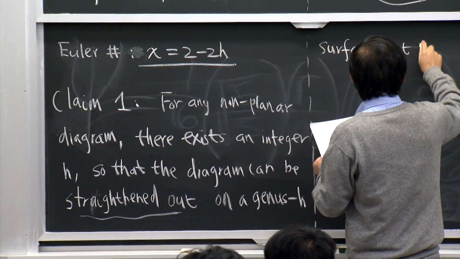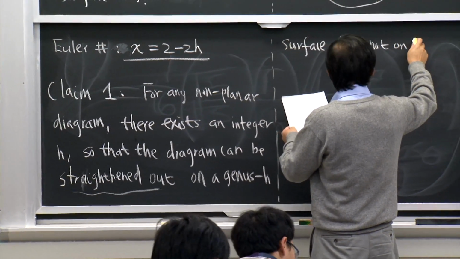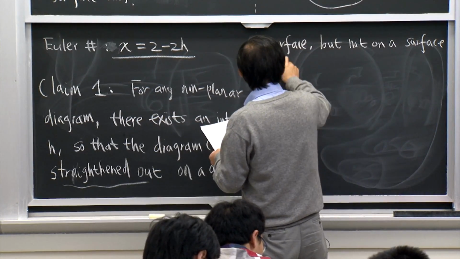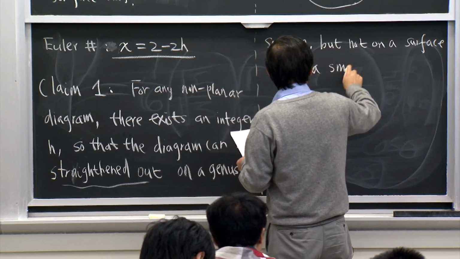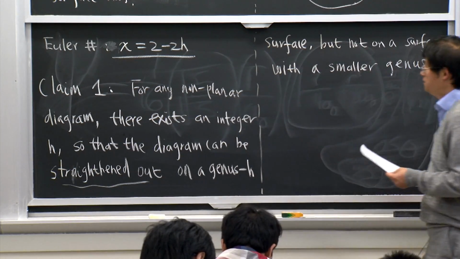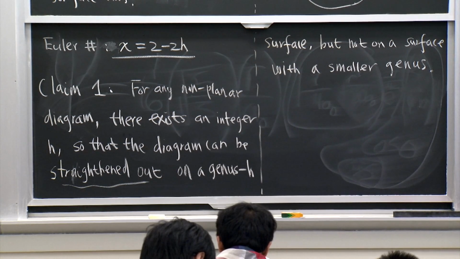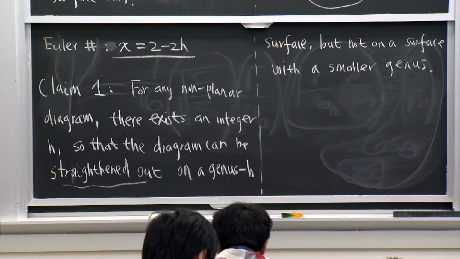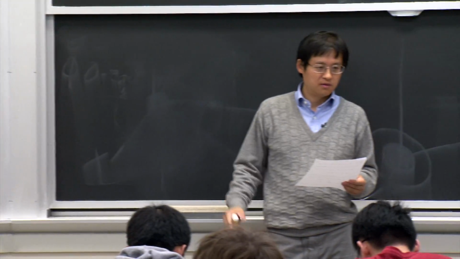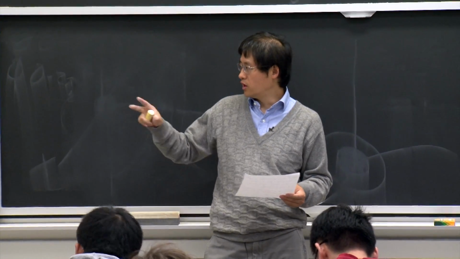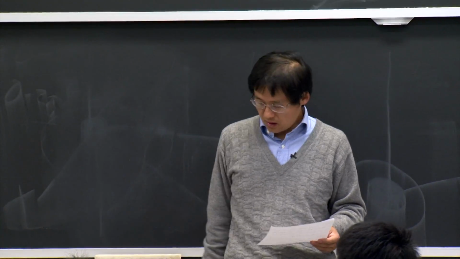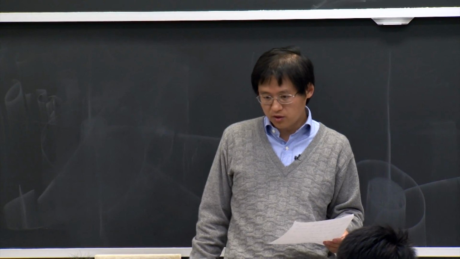But not on a surface with a smaller genus. So actually, you can classify all the non-planar diagrams by drawing them on some genus h surface, on two-dimensional surfaces with non-trivial topology.